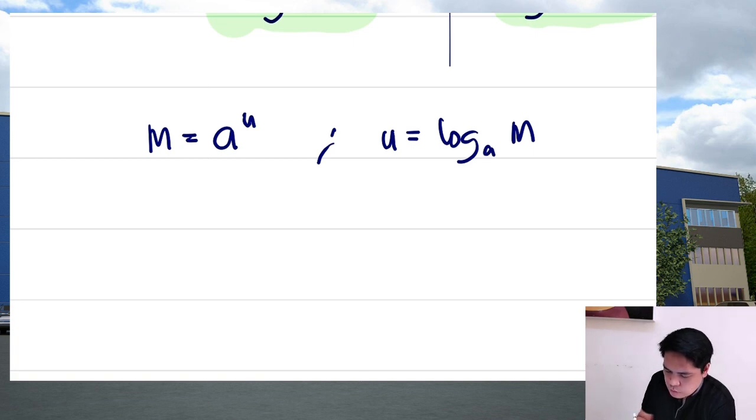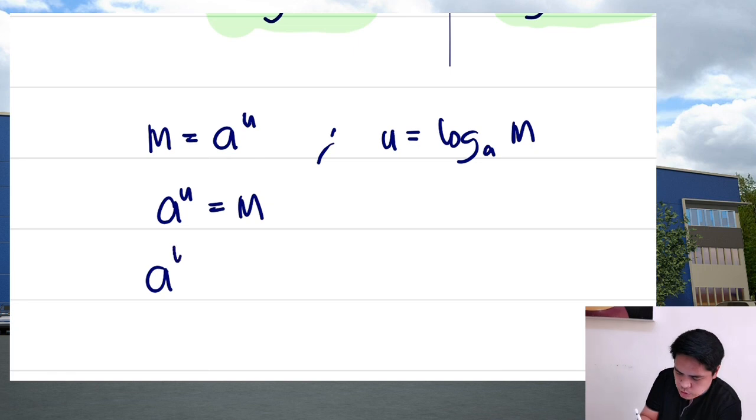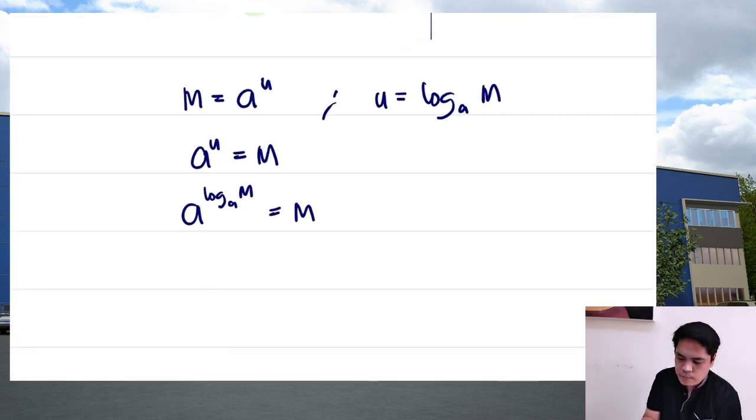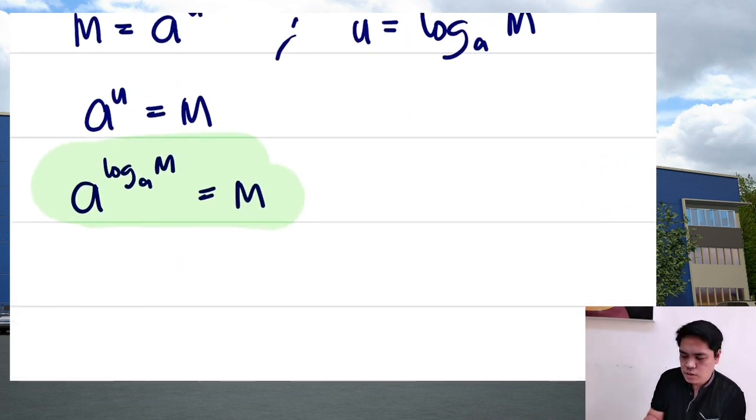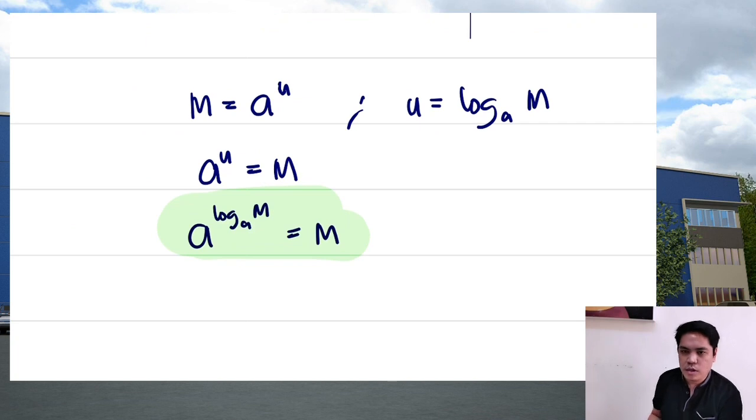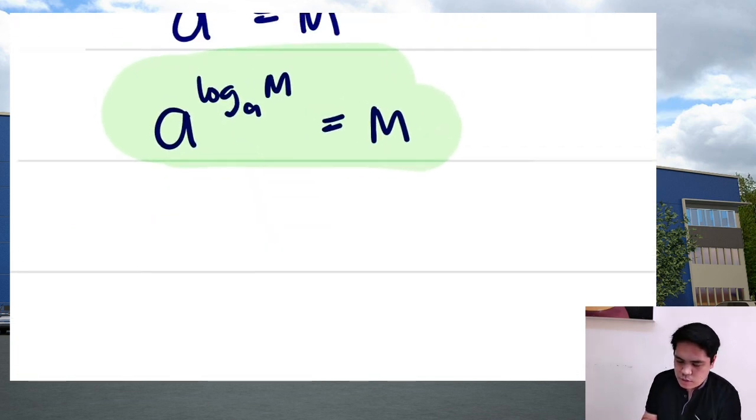So, pwedeng isulat natin dito: a raised to u equal to m. So, we have a raised to u, which is the logarithm of m to the base a, that is equal to m. So this is another property that you need to be familiar with. Okay?